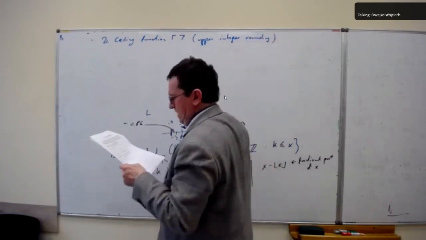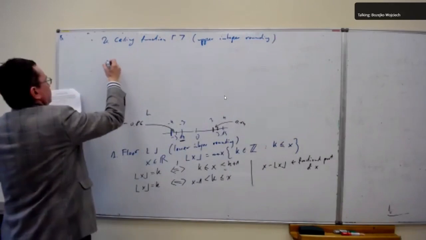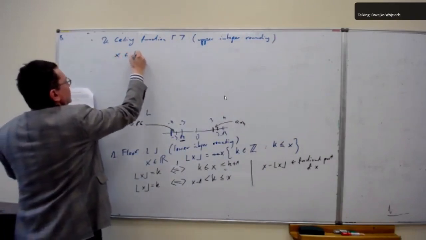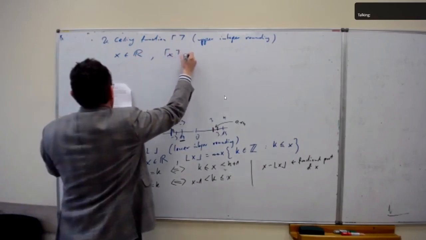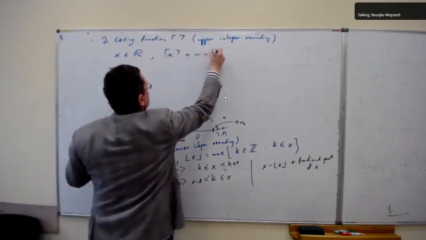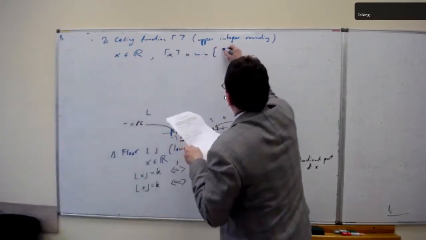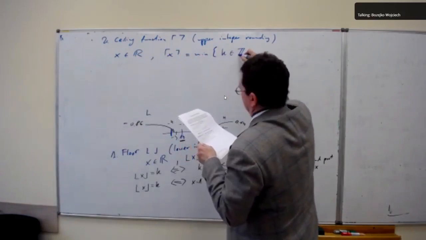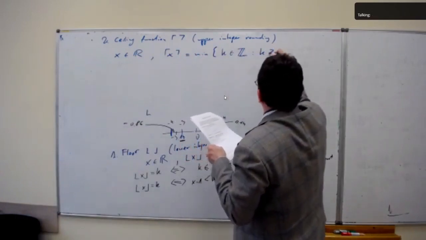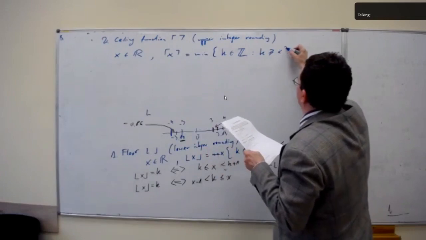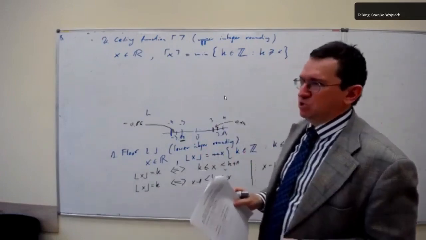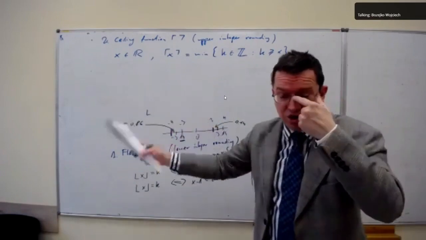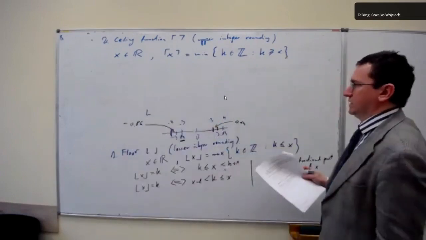So we have x in the reals, and the ceiling is the minimum k belonging to the integers such that k is greater or equal to x. So this is the nearest integer number which is greater or equal to x.